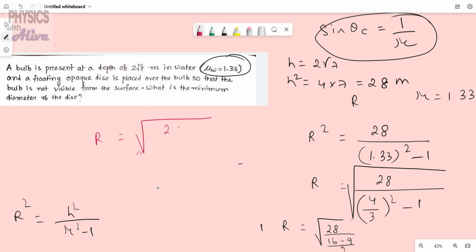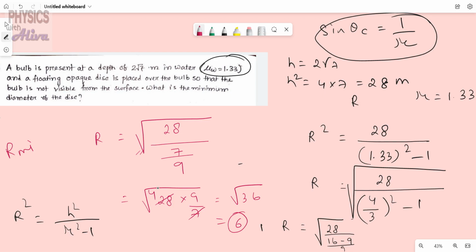Root over 28 into 9 by 7. This will be 4, this will be 36, and root of it will be 6. So our R minimum will be 6.